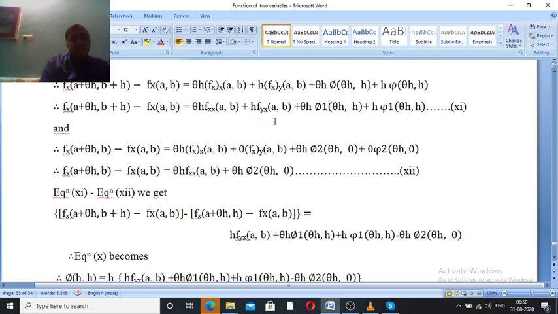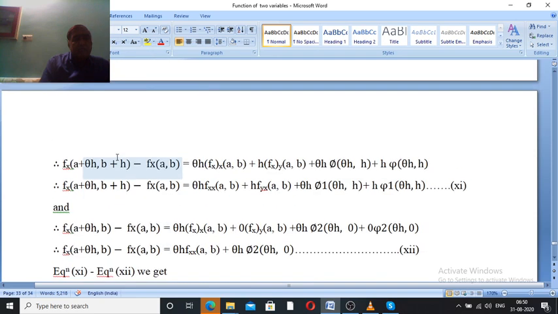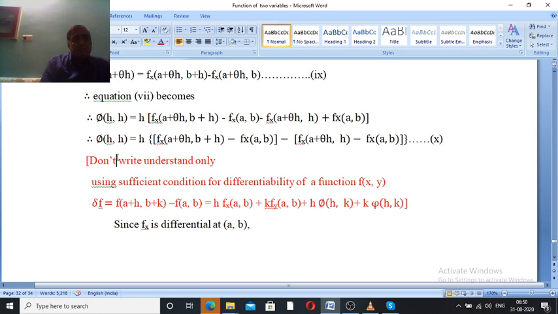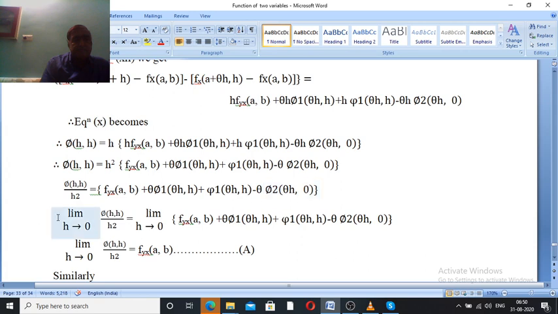Therefore, h f_yx at point (a,b) plus θh φ1(θh, h) plus h ψ1(θh, h) minus θh φ2(θh, 0). φ(h,h) is equal to, from this difference, φ(h,h) h times this difference.